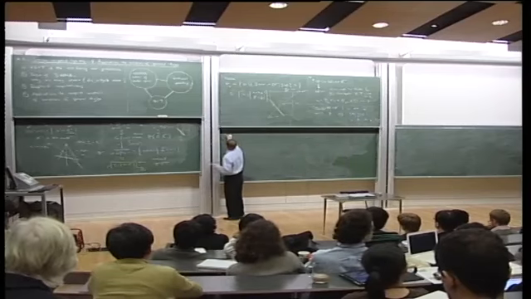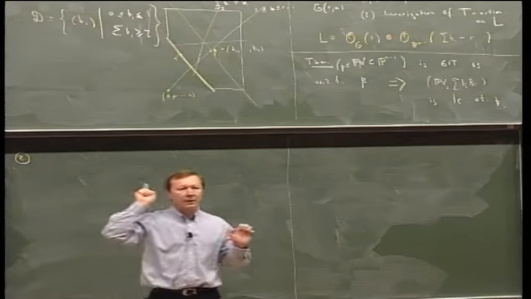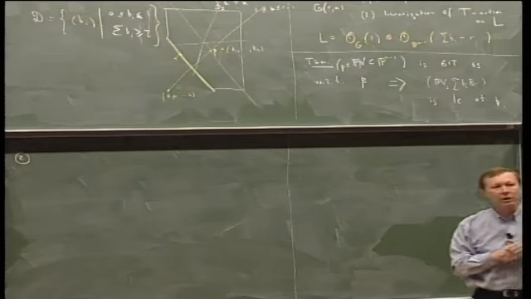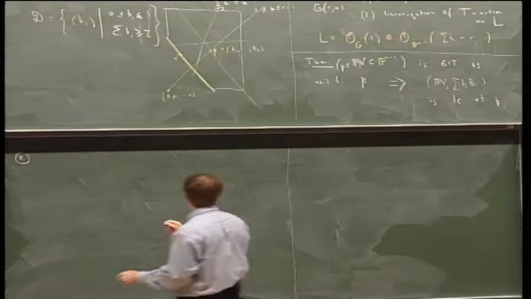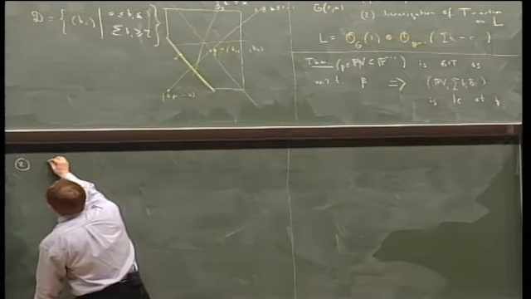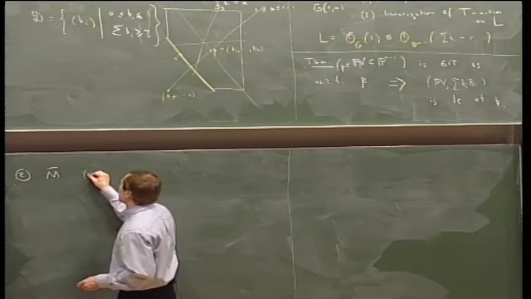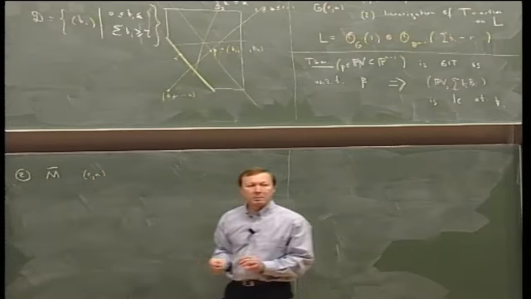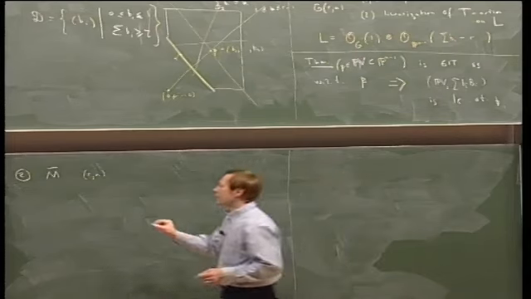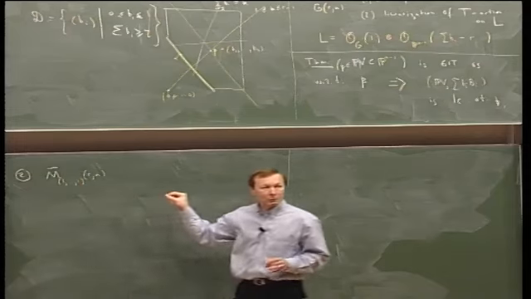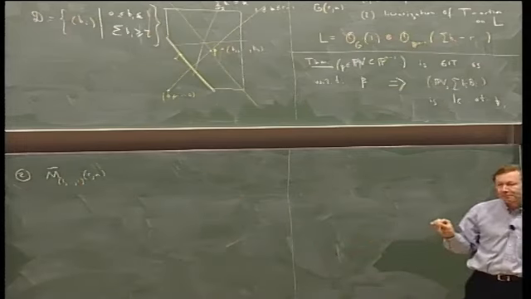Okay, so number 2. I'm going to define the weighted hyperplane arrangements for you and their moduli spaces. And I will start with the moduli space. So there is this moduli space of these hyperplane arrangements. And the first definition will be for the weights 1, 1, 1, 1, 1, 1, 1, all ones.